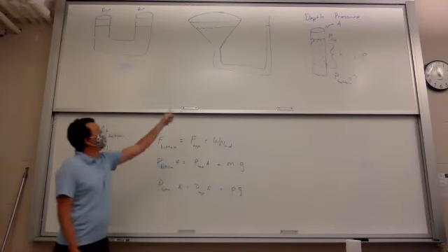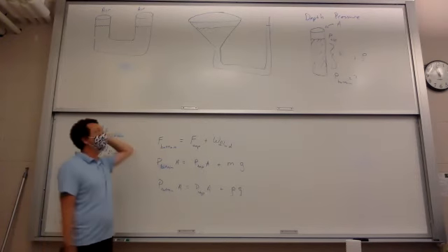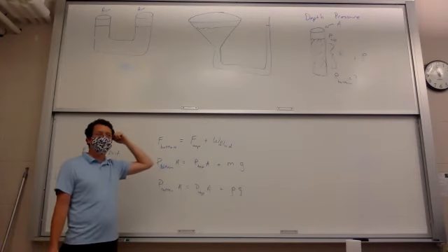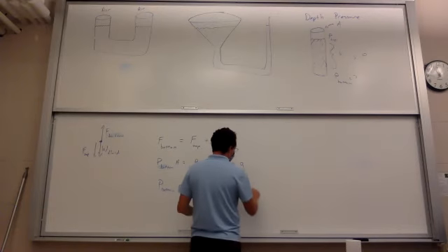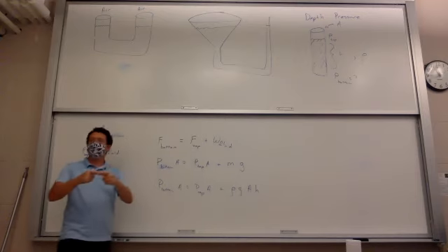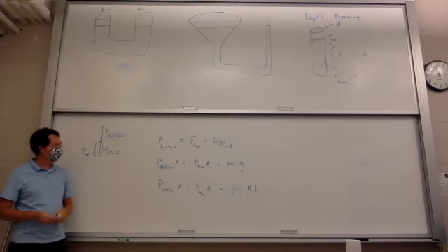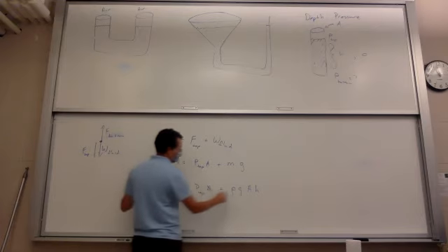What's the volume of this cylinder, of cross-sectional area A and height H? The volume is just going to be A times H. Cross-sectional area times the height gives you the volume. And we arrive at our key formula here because the areas cancel.